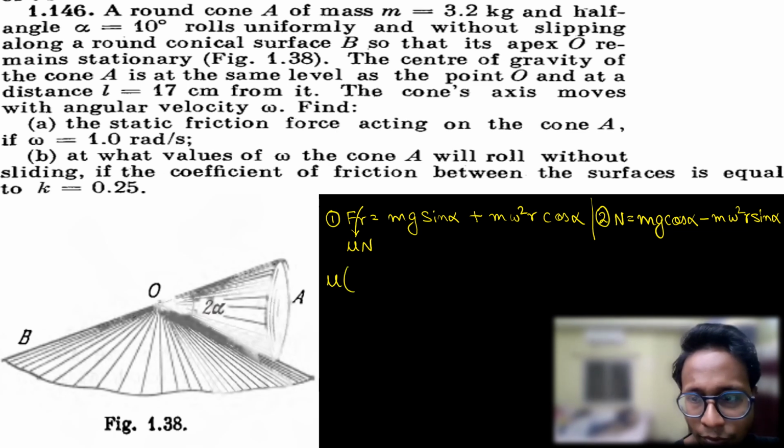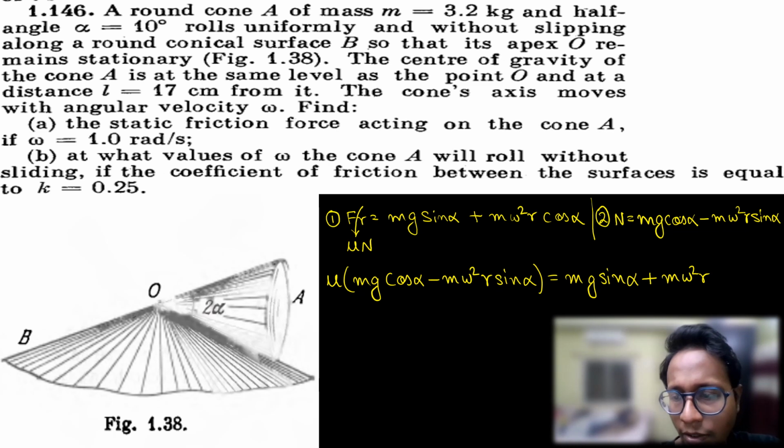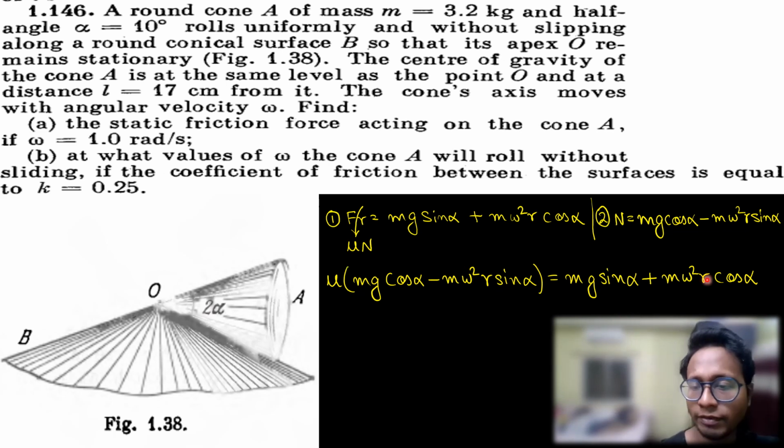Mu into mg cos alpha minus m omega square r sin alpha is equal to mg sin alpha plus m omega square r cos alpha. And what do I need to find out in part B? I need to find the maximum value of omega, because I put in the limiting value of friction force.